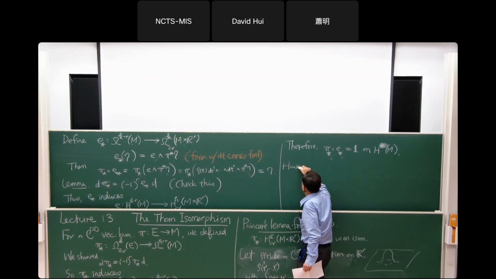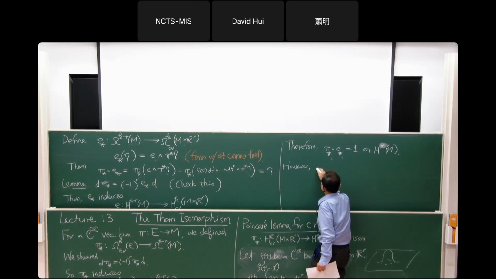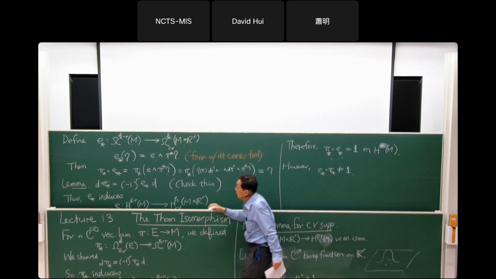However, if you do it the other way around, E lower star composed with pi lower star is not the identity.